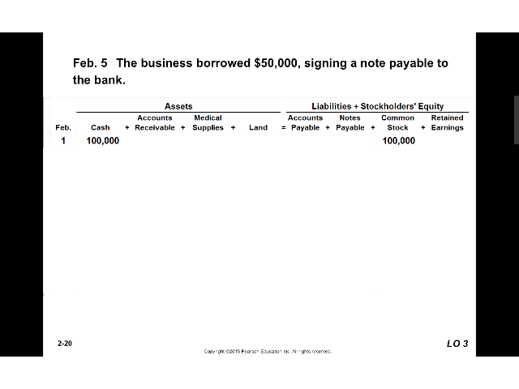And then we have two sides to every transaction. The other side is the note payable, which also increased. We now have a liability that we didn't have before. So we have an increase to cash and an increase to liabilities in the form of note payable.